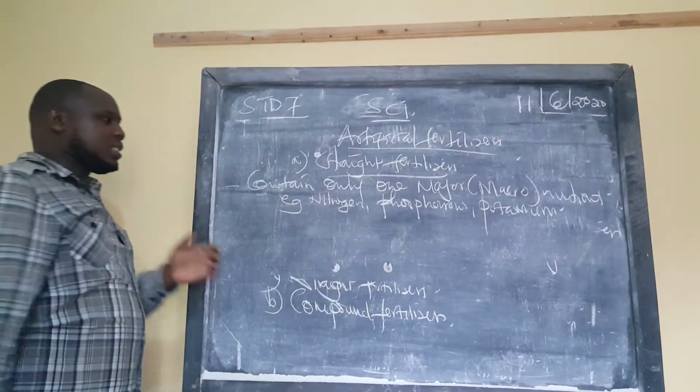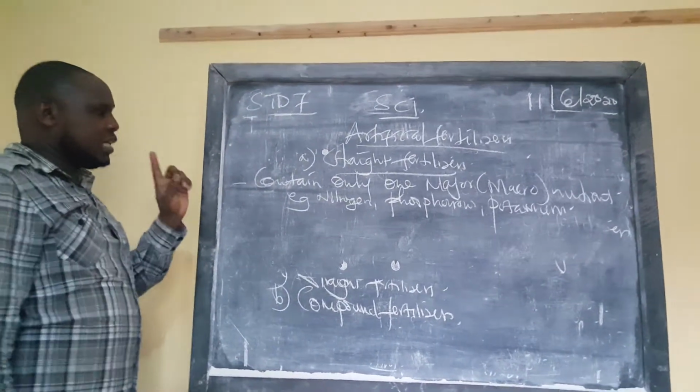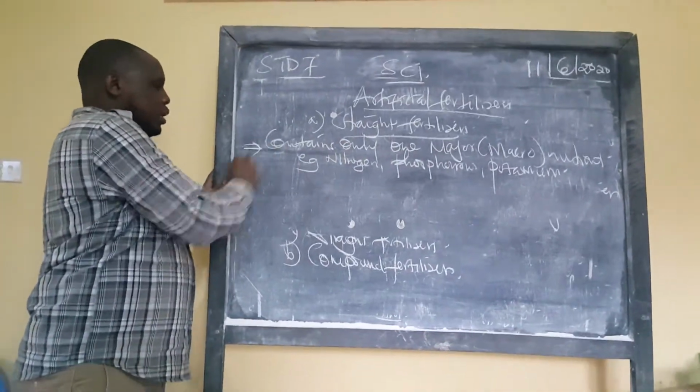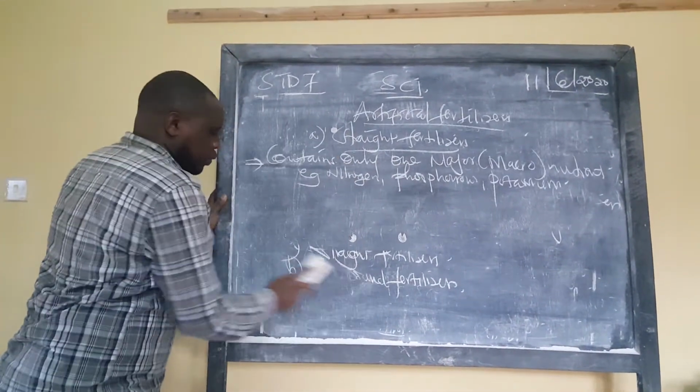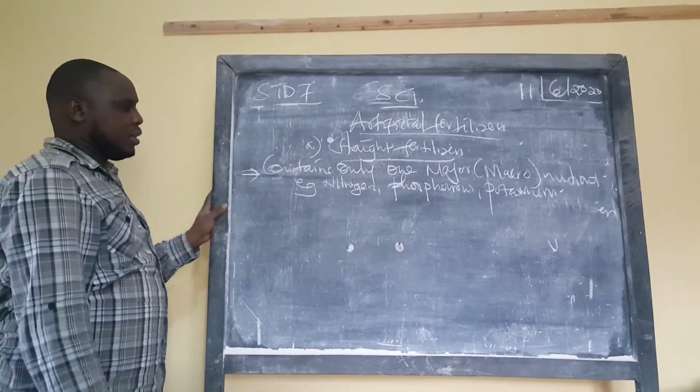If a fertilizer contains any of these, then that one is a straight fertilizer because it contains only one macronutrient. Remember we have said we categorize them according to the number of macronutrients found in them.